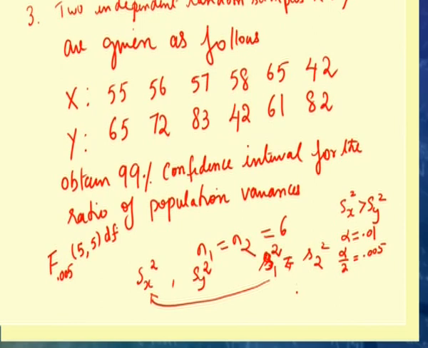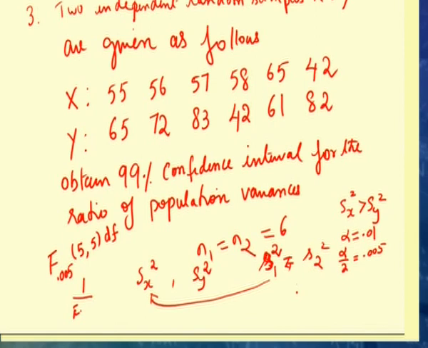So here you will be finding out 1 divided by F of this particular value into capital Sx squared by capital Sy squared, comma F of capital Sx squared by Sy squared. So that will give you the 99% confidence interval for the population variances.